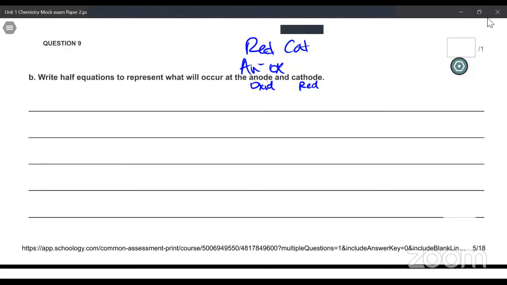So for the anode, we want to write the thing in terms of oxidation, right? So we need to figure out which one of the elements would be oxidized versus which one would be reduced. Most often, the one that's oxidized is the one higher on the reactivity series.